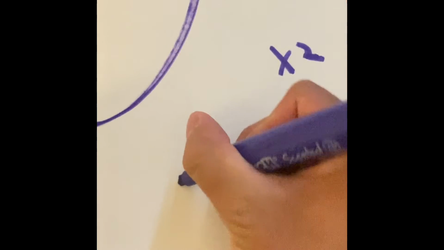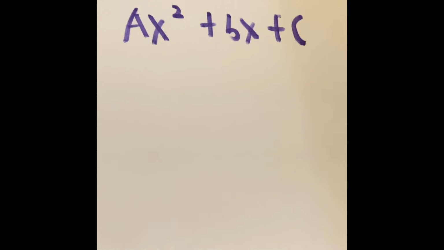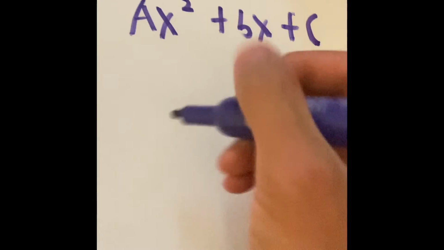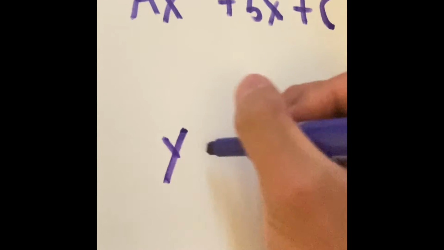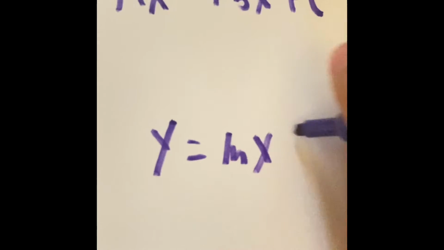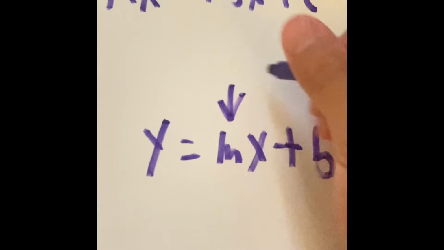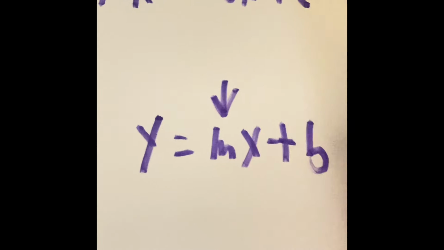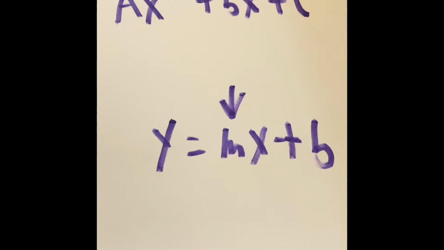But if you try to find a straight line, something that looks like that at a constant rate, then you're going to have a slope-intercept formula. So if it's a straight line, you probably heard of y equals mx plus b, where m represents the slope, x represents your variable, and b represents your y-intercept, or your starting position.